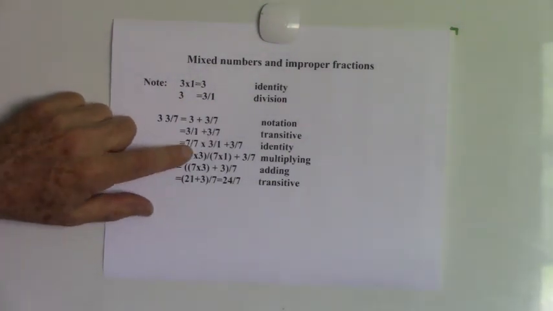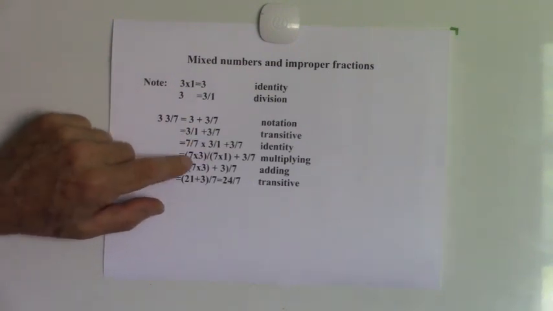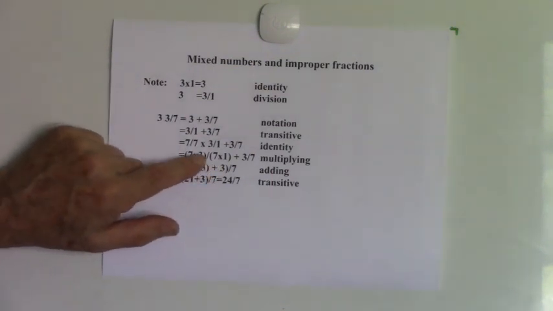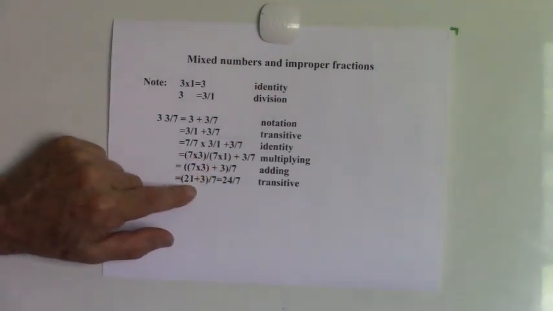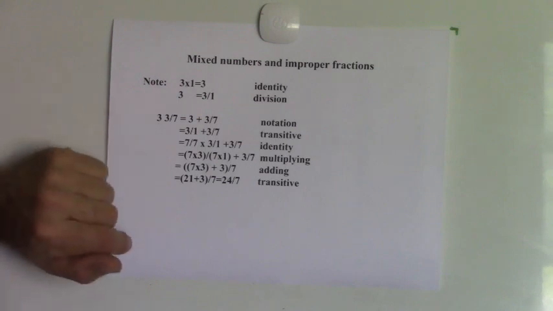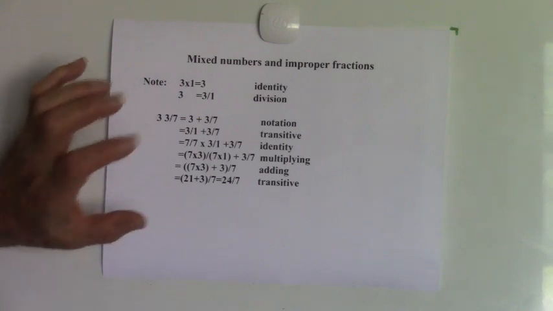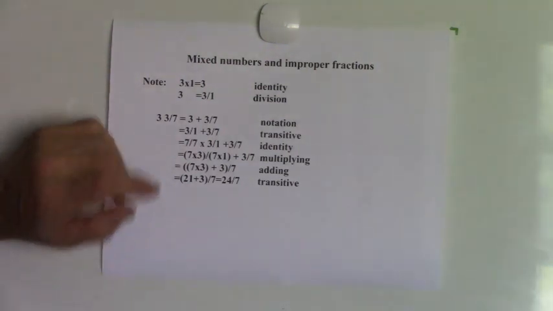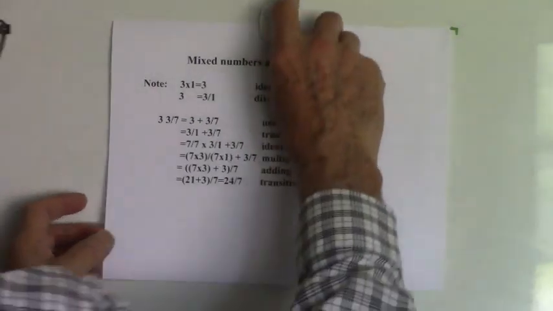So we make use of that 7, multiply this by 1. So that's still the same. Multiply the numerators and denominators. Now add the numerators, and we get 24/7 is the same as 3 3/7. So once we know those basic rules, now it's just a question of finding examples to apply to them.